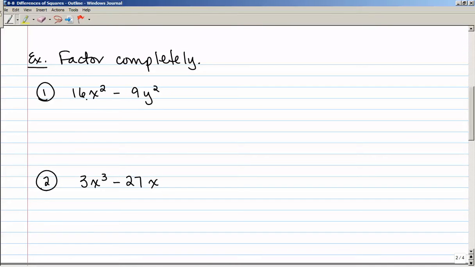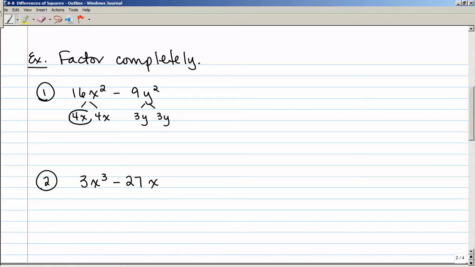Number 1, 16x squared minus 9y squared. So I need to break that down into two binomials. This is indeed a difference of squares because 16x squared is a perfect square, since it is basically 4x times 4x. 9y squared is also a perfect square because that factors into 3y and 3y, because 3y times 3y is 9y squared.